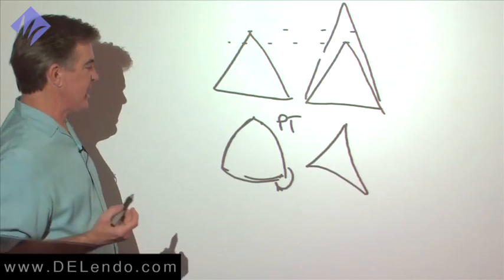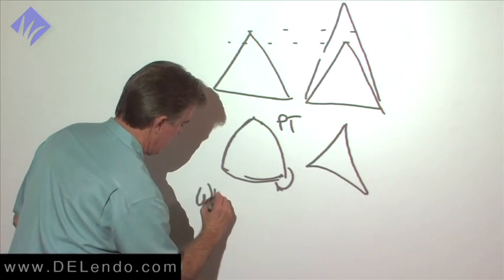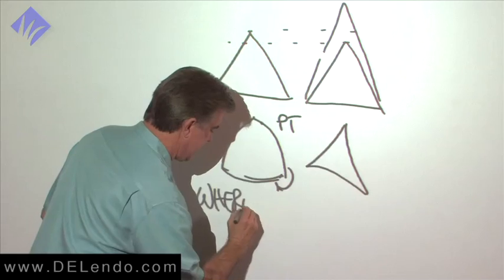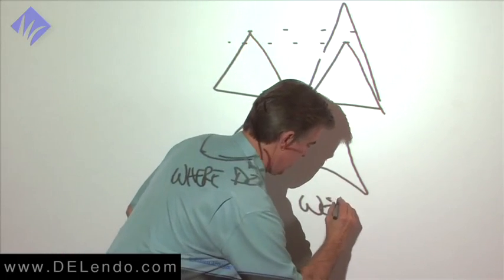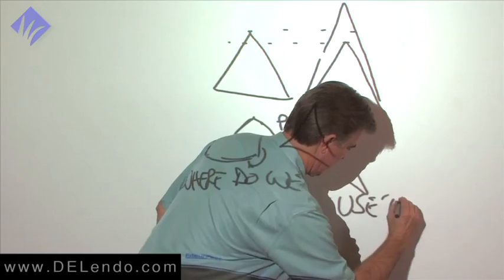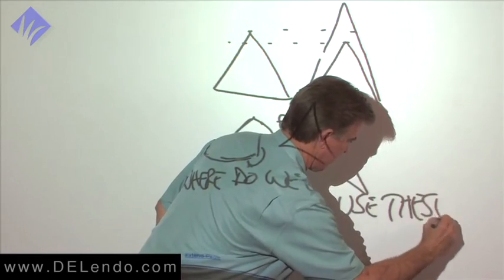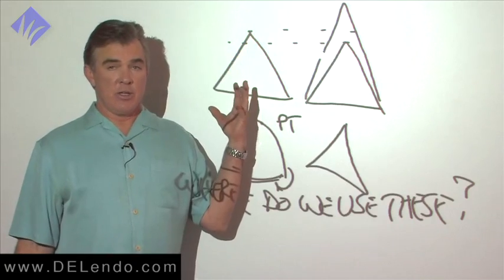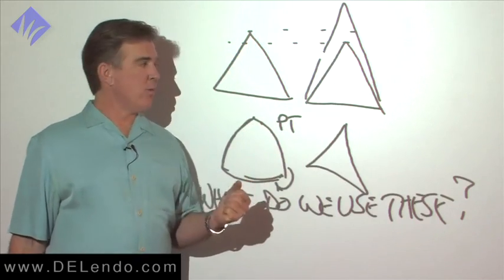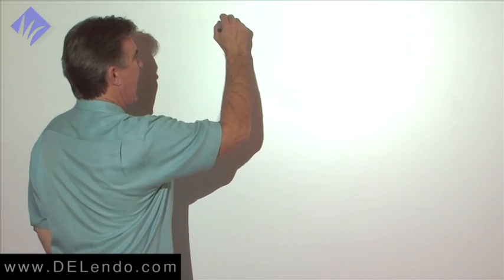The right question to ask is, where can we use these to their best advantage, to take advantage of their strong points and to avoid their weak points. Okay, and the answer here gets back to how we transport.